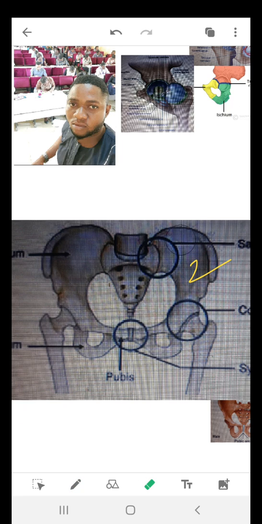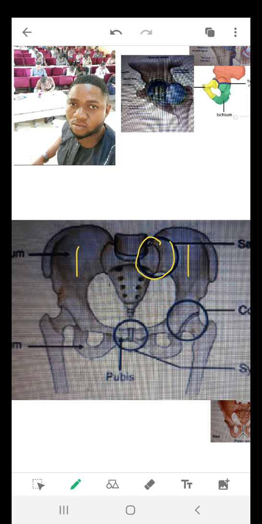So let's pick one of those joints. We have 2 sacroiliac joints, from the words sacral bone and iliac bone. There's a joint between the ilium and the sacrum.